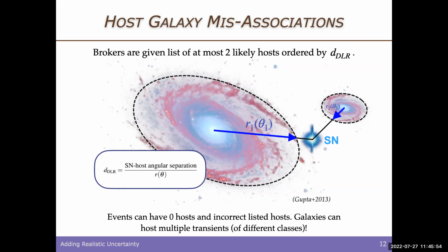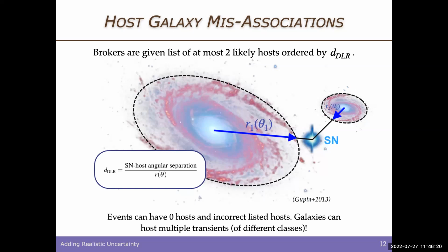And traditionally, this is done using DDLR, where the distances between the transient and lots of galaxies in the field are normalized by the radius of the galaxies in the direction of the transient. So the hope is that when you do this, you put big and small galaxies on kind of equal footing in making an association more accurately for a given transient.